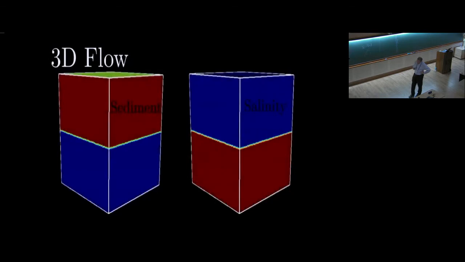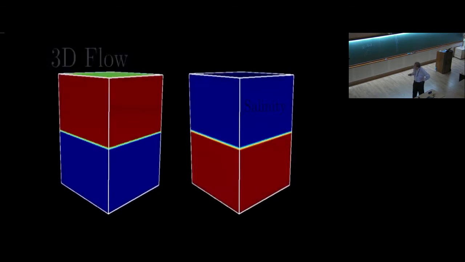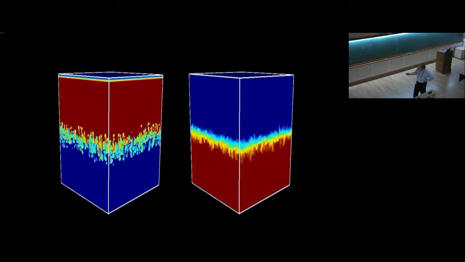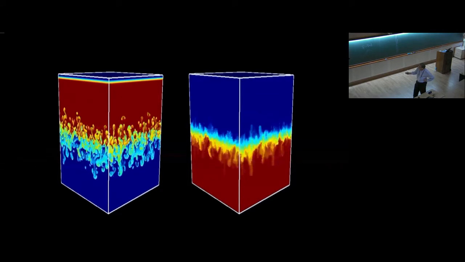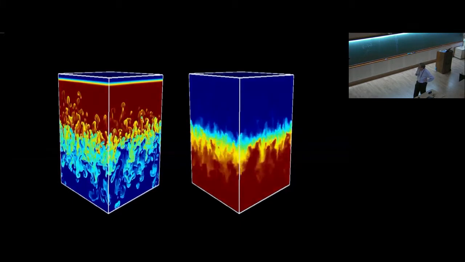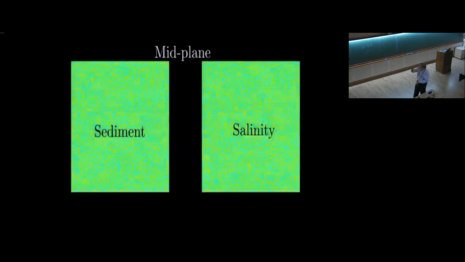And then we can look at a fully 3D flow. It's a very similar situation now. We see again this interfacial instability, both here in the sediment concentration field and in the salinity field. It shows a vigorously growing instability with plumes going upward and downward.